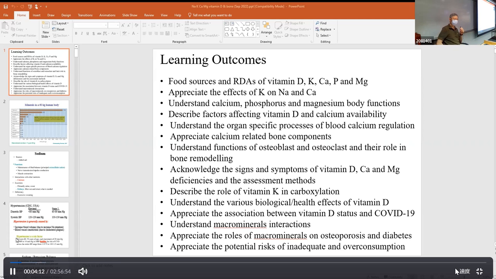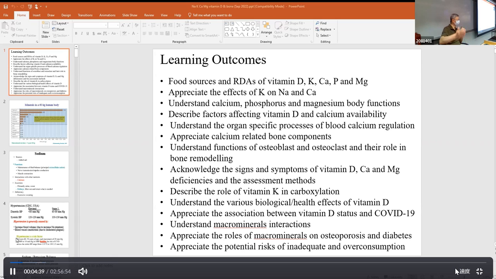So what we're going to cover will be just a few of them, and some will be in much greater detail than the others. In the initial several slides, I'm just highlighting some of the pertinent points on sodium and potassium.